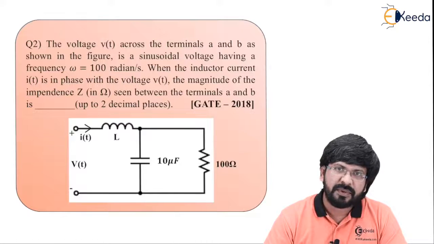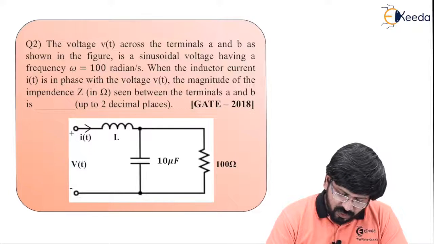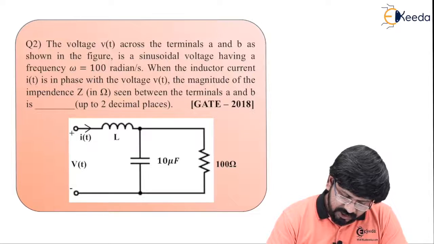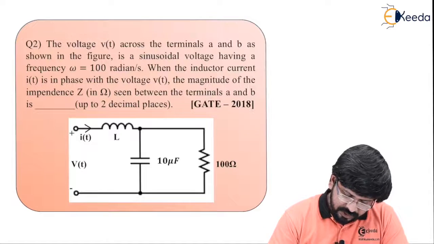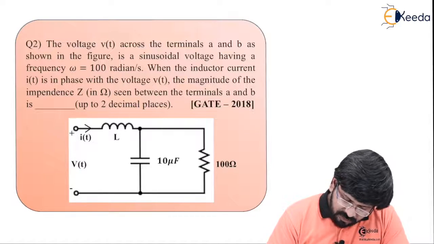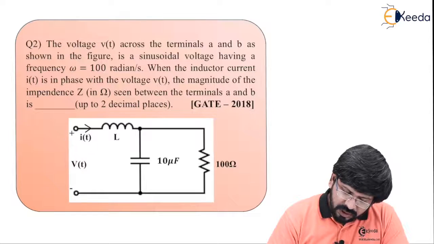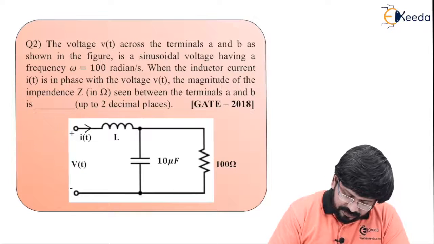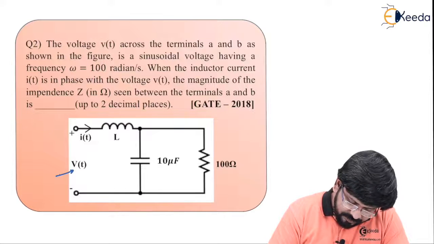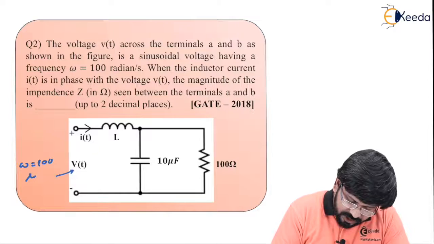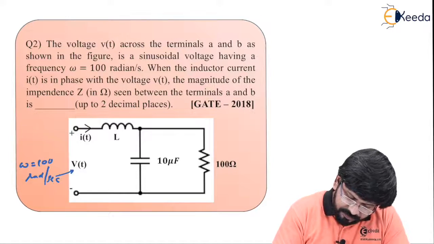Question number 2 is now appeared on the screen. It says the voltage V of t across terminals A and B as shown in the figure, a sinusoidal voltage having frequency equal to 100 radians per second. It means the input voltage that they have applied is having a sinusoidal frequency of 100 radians per second.